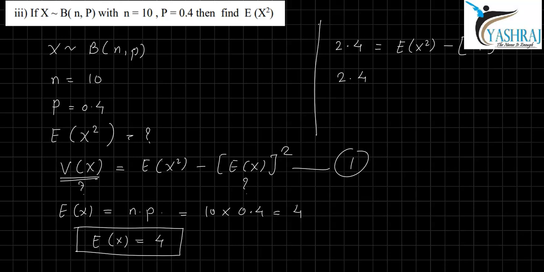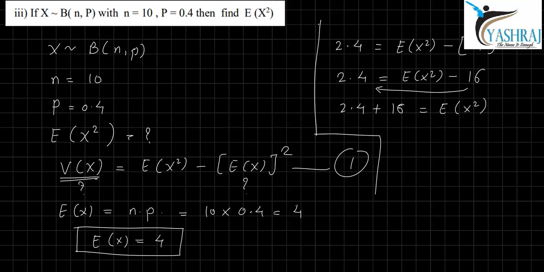So 2.4 is equal to E of X square minus 4 square as 16. After shifting the 16, we have 2.4 plus 16 is equal to E of X square. That means now we have E of X square equals 16 plus 2.4, we get 18.4.